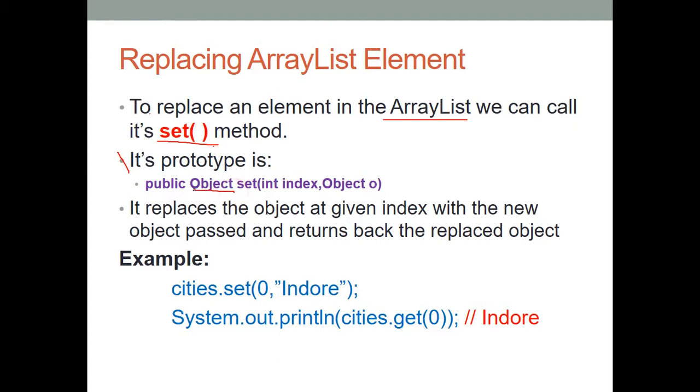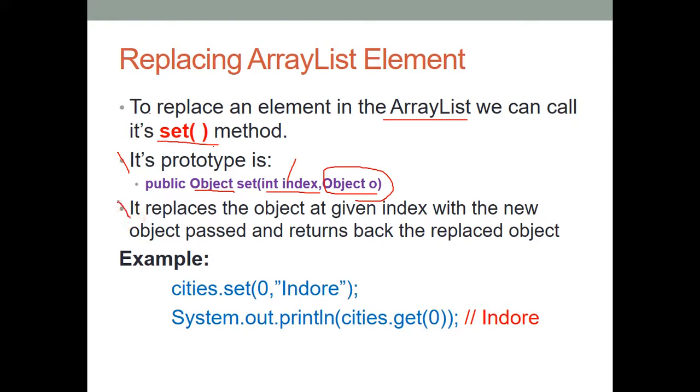Its return type is Object, and you have to give the index number at which you are going to insert the new object. That is called set. So in your collection, your ArrayList, if you want to add some object at a specific index number, go for this, replace that data and add this data. I hope it is clear.